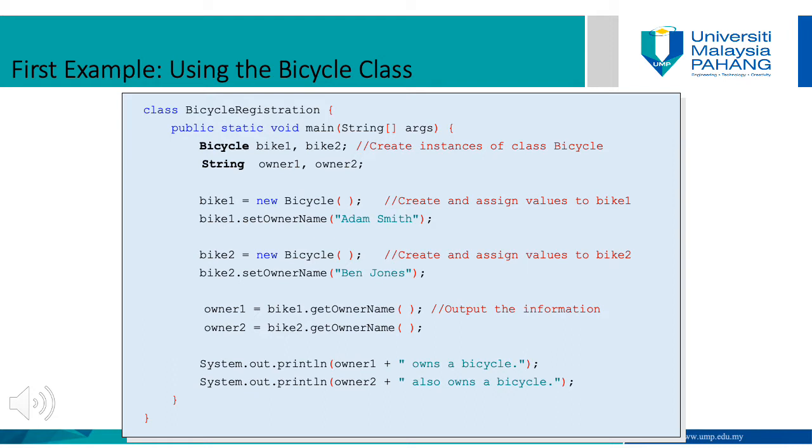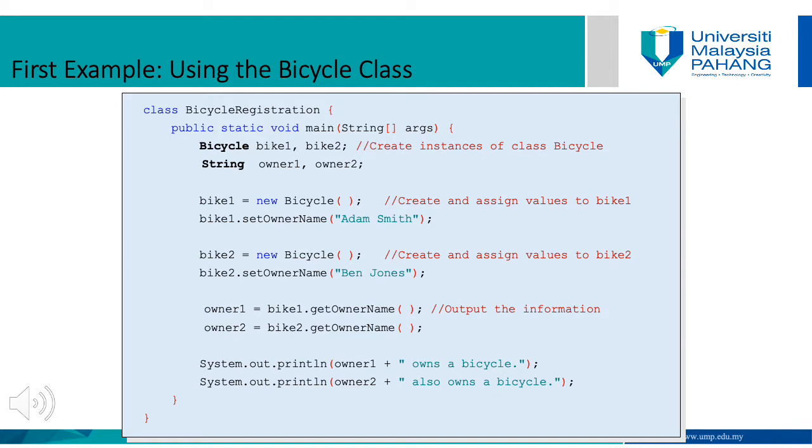Then we create the instances of the class Bicycle at the beginning. First we declare bike1 and bike2, and String for the owners, owner1 and owner2.